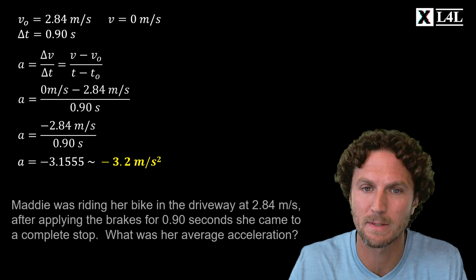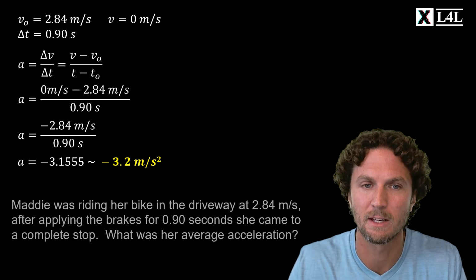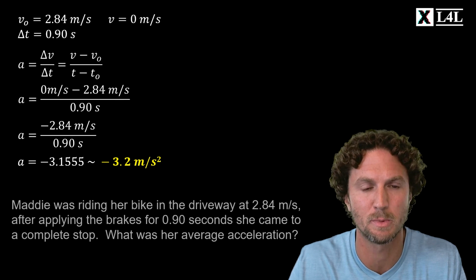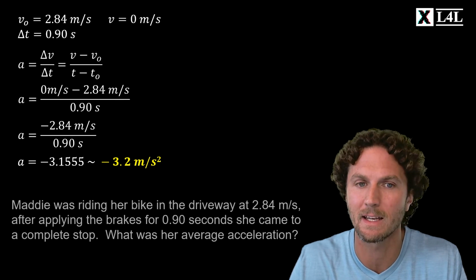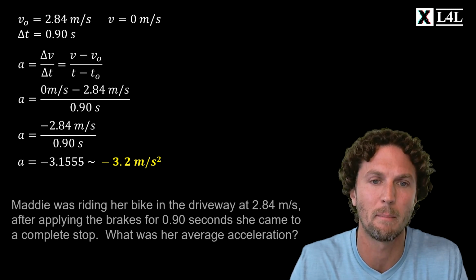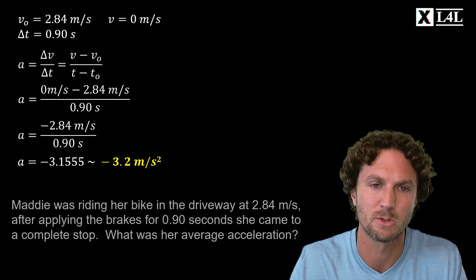Again, in the opposite direction that she was traveling. And if you look at it mathematically, if it was negative 2.84 as her initial velocity, it would be 0 minus a negative 2.84, which those negatives would cancel and cause it to be a positive 2.84 for change in velocity.